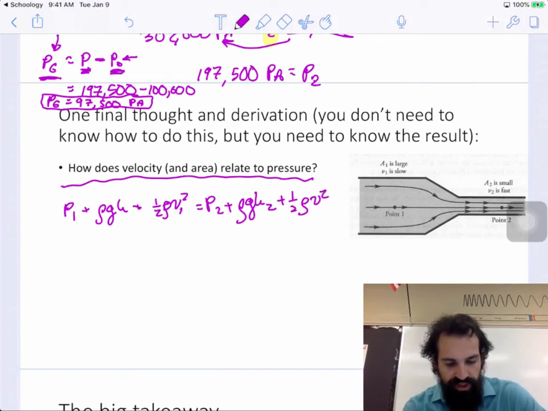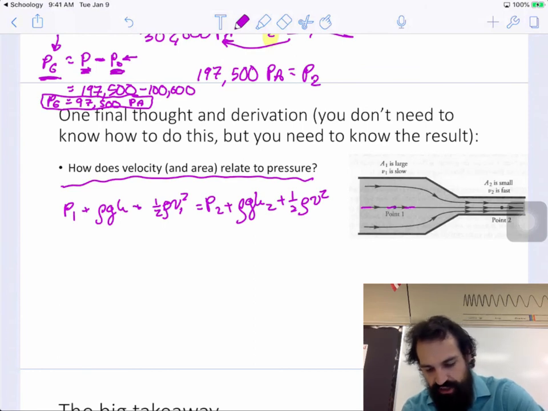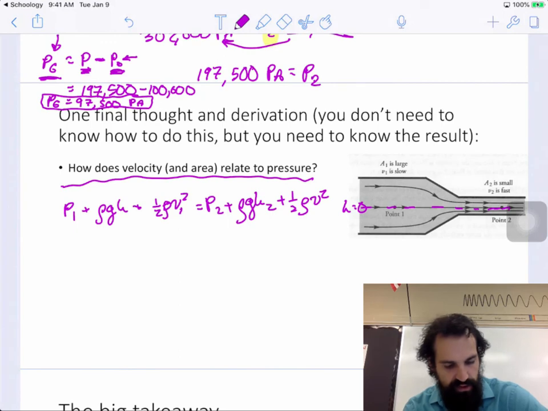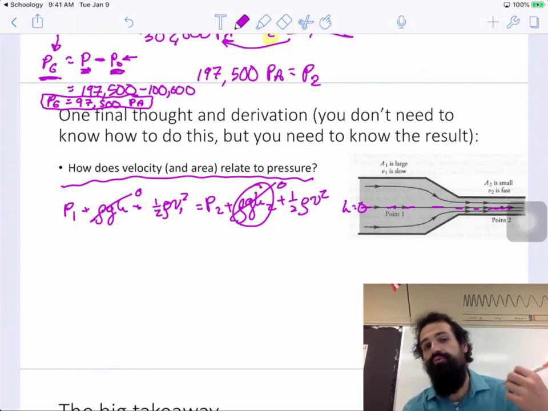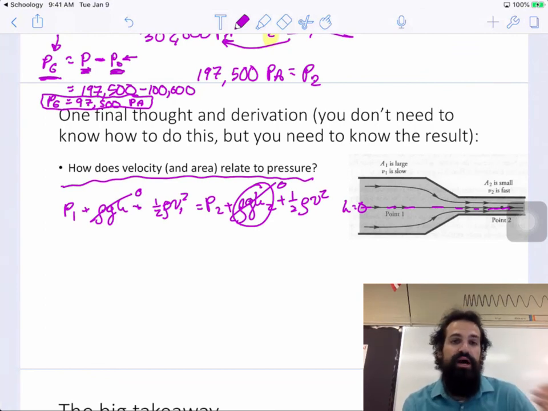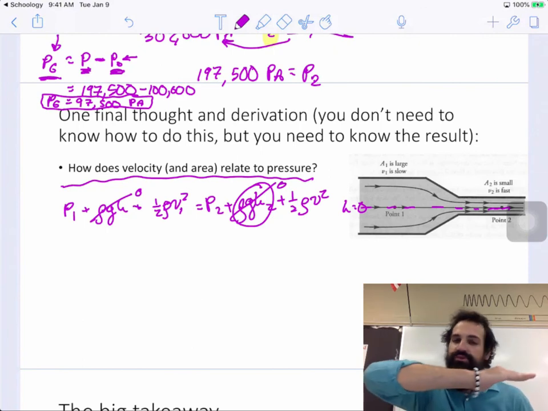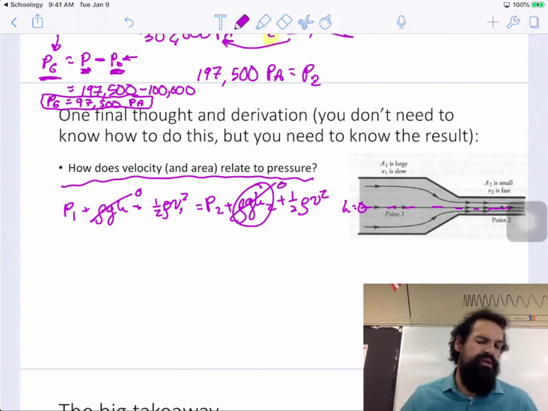Now, we know because the height doesn't change, then we can call this height equals 0, which would mean this would collapse to 0 and this would collapse to 0. Again, whenever you guys start these problems, you're going to have to choose your own reference height, your own place where you say height is equal to 0. I always choose the lowest position. You choose for yourself.